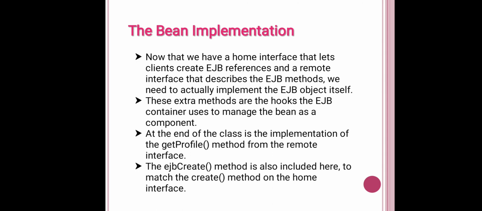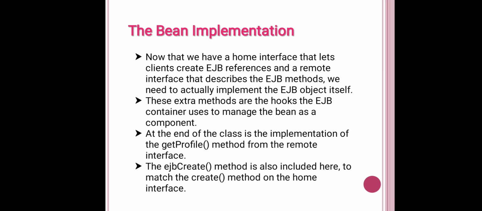Next, the bean implementation. Now that we have a home interface that lets clients create enterprise Java bean references and a remote interface that describes the enterprise Java bean methods, we need to actually implement the enterprise Java bean object itself. These extra methods are the hooks the enterprise Java bean container uses to manage the bean as a component.